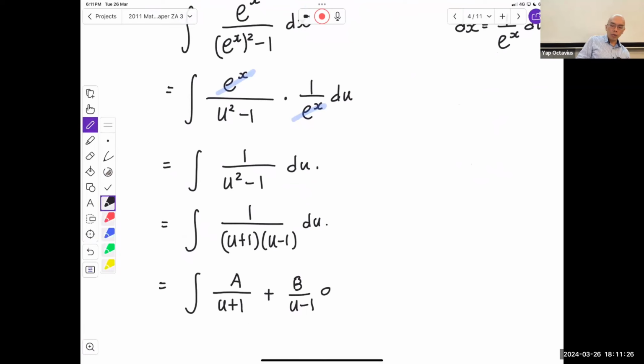Okay, wow. Okay, this looks rubbish. Sorry. So I leave it to you to go and find your A and B using your own method. Either you use the cover up rule or whatever method to find the A and B, okay? Okay, no good. Okay, never mind.